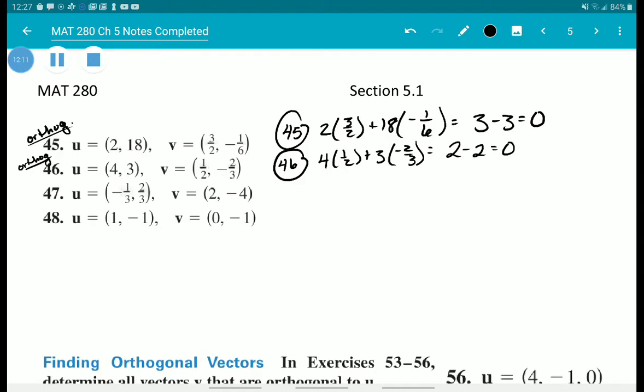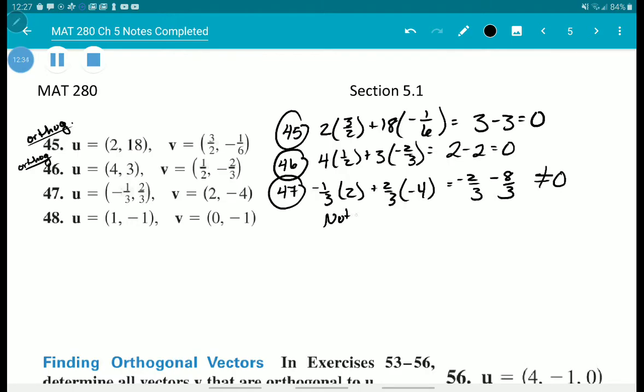So now let's look at 47. So once again, I'm not seeing a scalar multiple here. So just for fun, let's try that dot product and let's see where that gets us. So I have negative 2/3 minus 8/3. So right off the bat, we see that that's definitely not equal to 0.